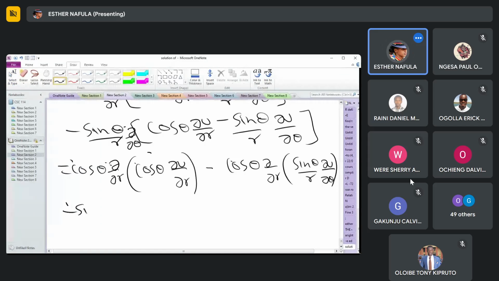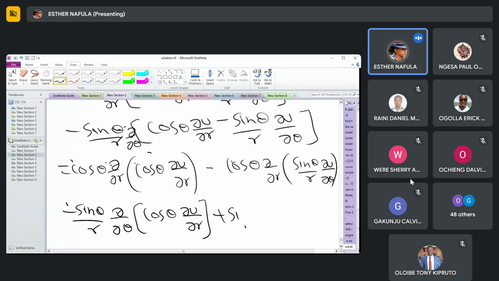Minus sin theta over r times partial theta of cos theta partial u partial r, minus we have a plus sin theta over r times partial theta of sin theta over r partial u partial theta.